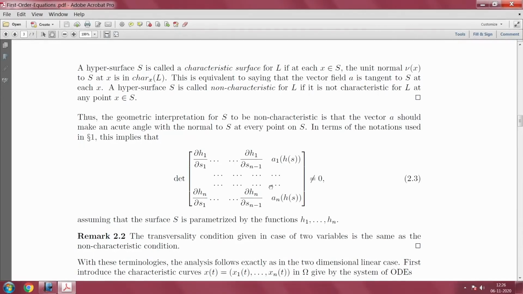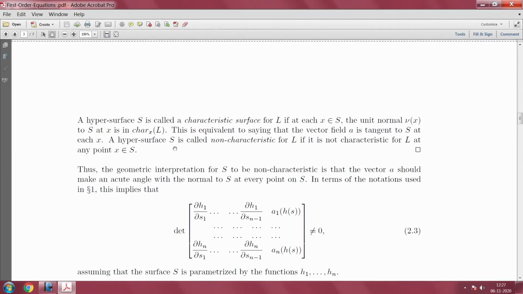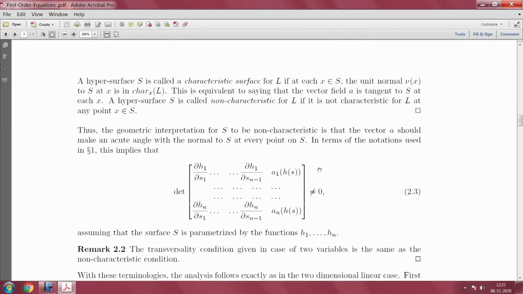So, you have an n by n minus 1 matrix. You just add one column a 1, a 2, a n, again restricting the values to the surface, because H s is on the surface. So, now you get an n by n matrix, and this determinant should not be 0. Okay. So, this is the analytic statement of S being non-characteristic.